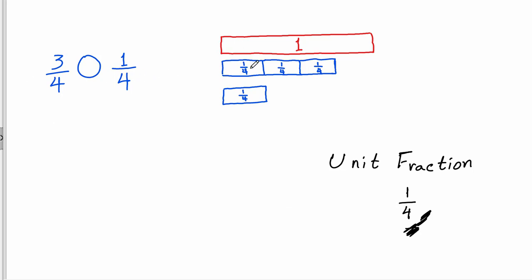We need 3 strips of 1/4. And how many for only 1/4? Only 1. And as you can see here, my heroes, it's clear that which one has more strips? It's 3/4. So 3/4 is greater than 1/4.